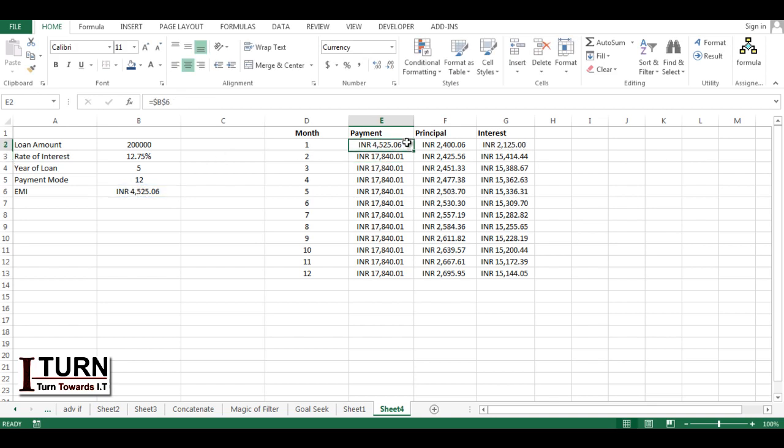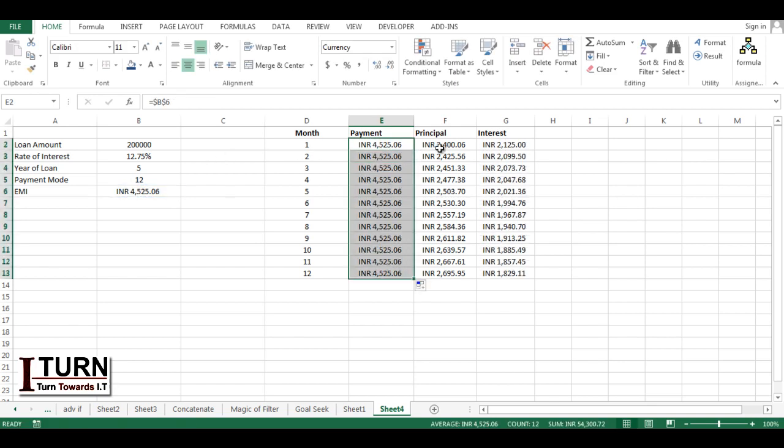You will be very surprised to see here the principal amount and the interest amount are almost the same in the beginning, and slowly and gradually up till the 12th month there is a bit of difference, but this is going to be for 60 months actually. So if I create up till 60 months, you will be able to see the whole complete payment procedure.